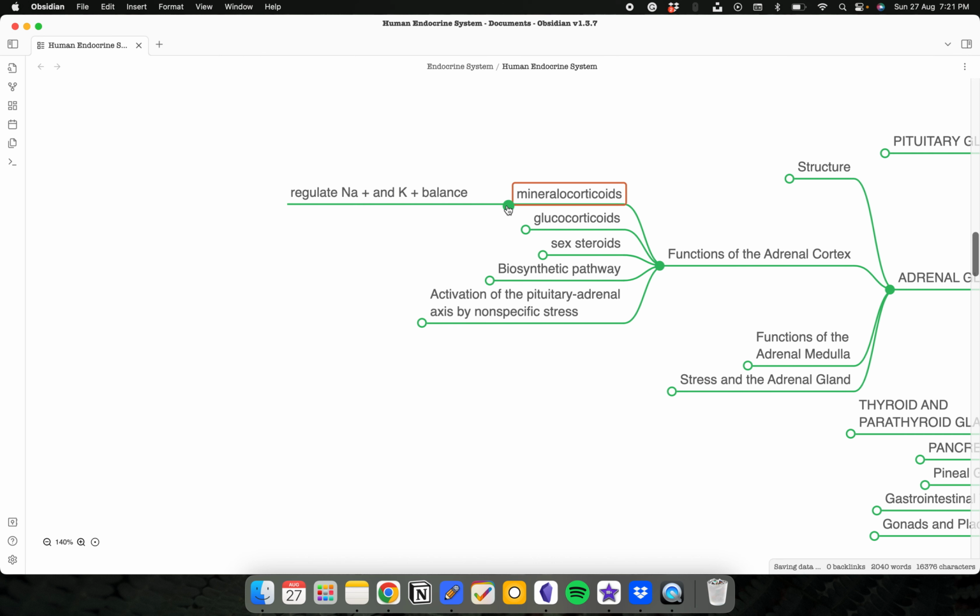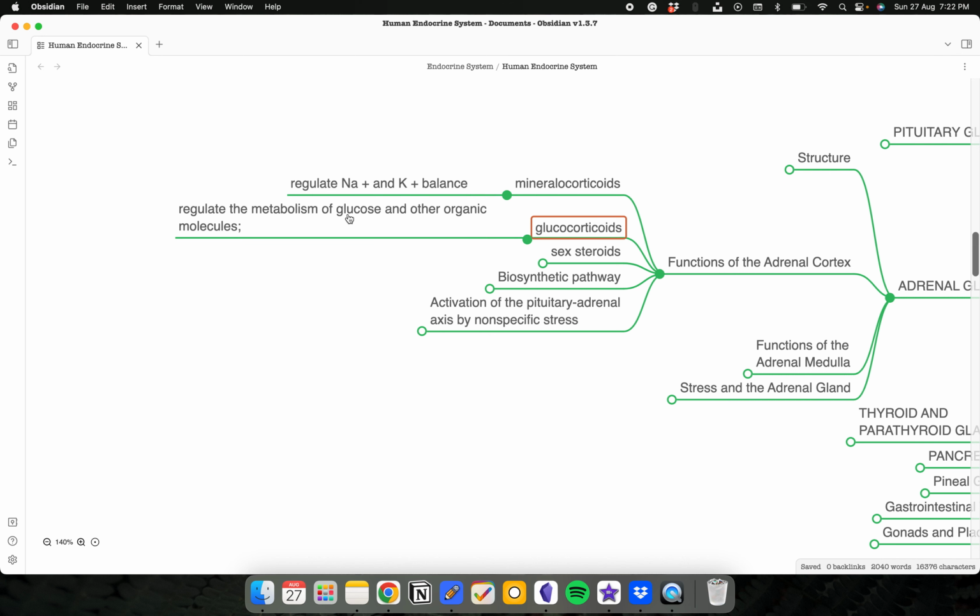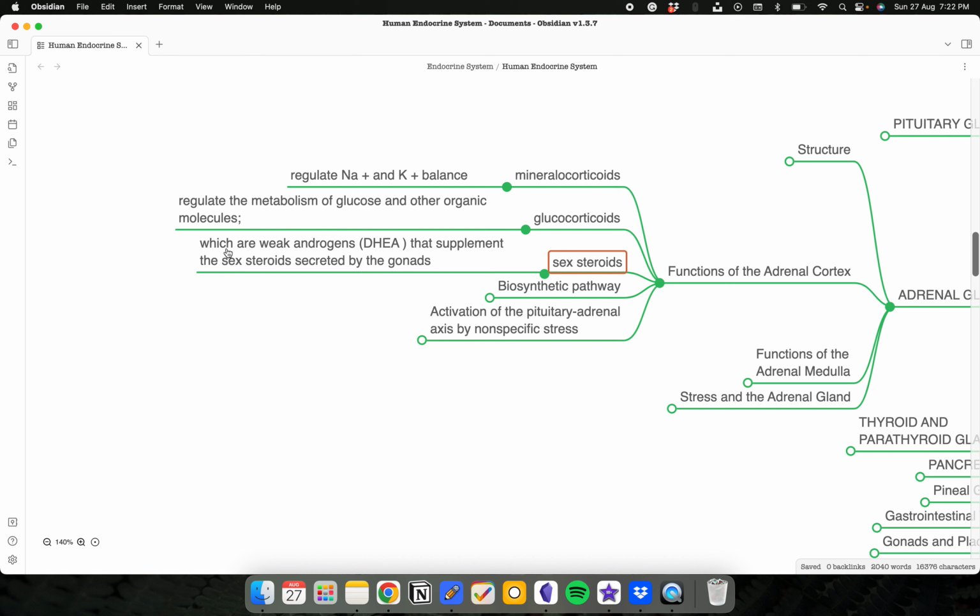Mineralocorticoids regulate the sodium potassium balance, that means the ionic balance is maintained by mineralocorticoids. Glucocorticoids regulate the metabolism of glucose and other organic molecules, and sex steroids, which are weak androgens or DHEA, supplement the sex steroids secreted by the gonads.